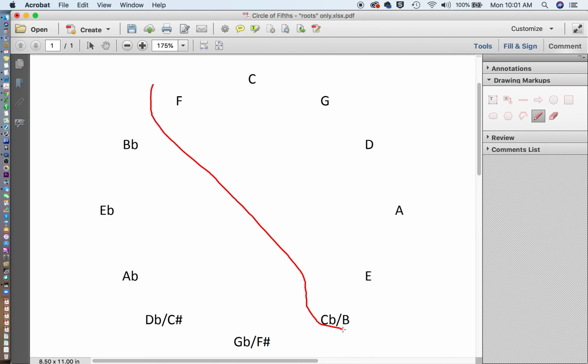Let me circle them. Here we go. Those are the notes from the circle of fifths that happen to occur in C major: C, D, E, F, G, A, B, C.